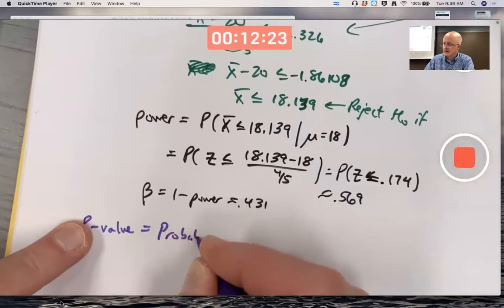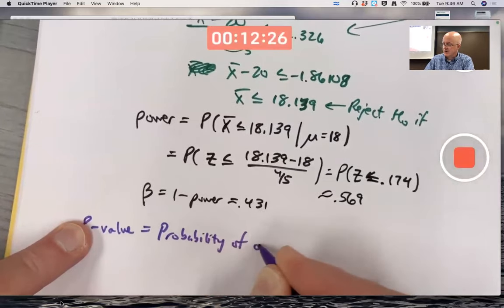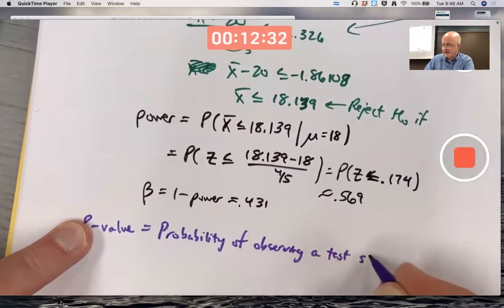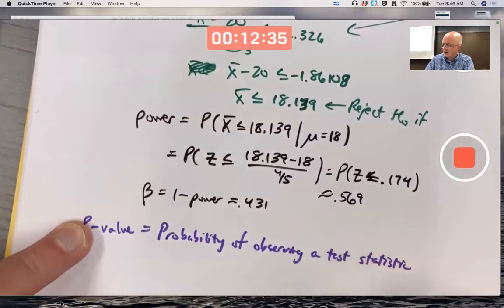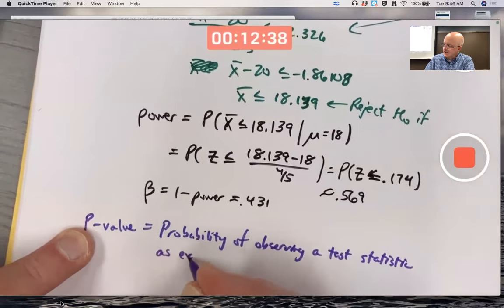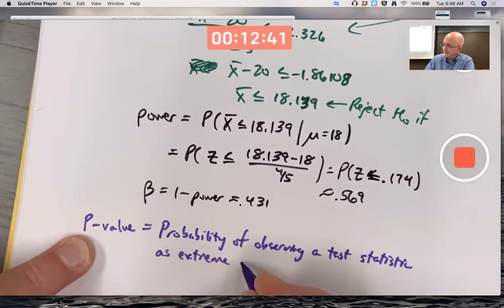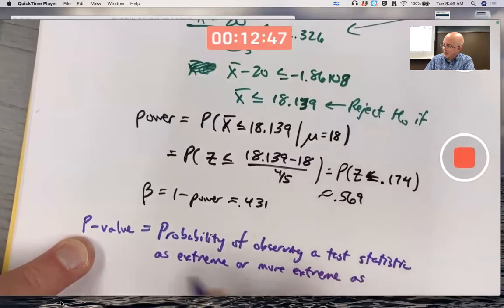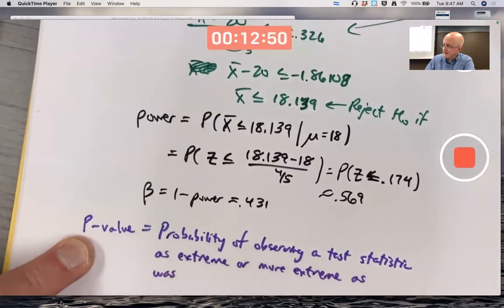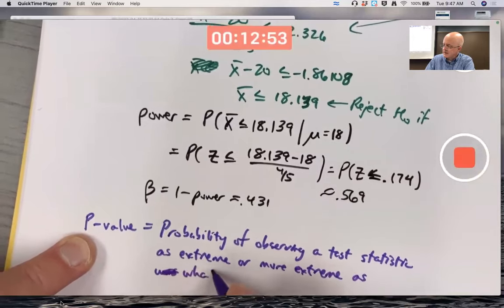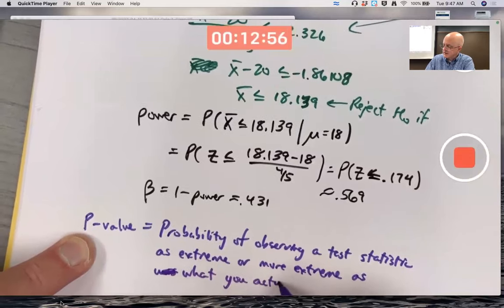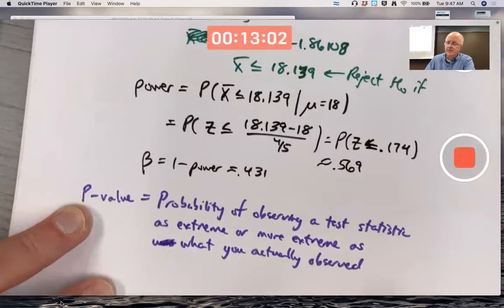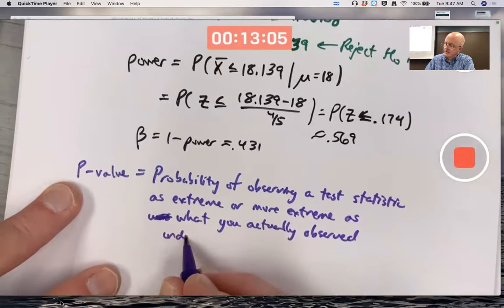Probability of observing a test statistic, and you should know this for the exam, maybe even a multiple choice question, as extreme or more extreme as what you actually observed, under the assumption that the null hypothesis is true.